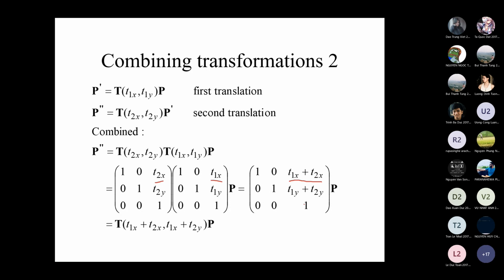It's the sum of the two coordinate portions of the values. We define it as T of T1x plus T2x, and T1y plus T2y.